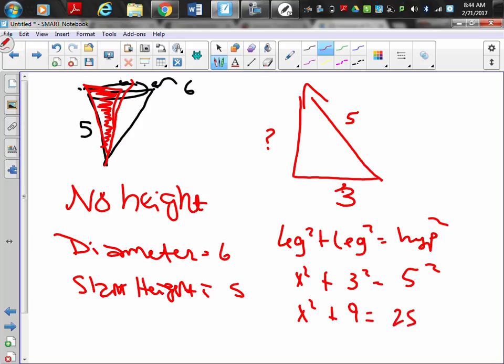Now what am I going to do? Miss Sanders, what am I going to do? You can minus 9 from the sides. Very good. I subtract 9 from both sides. So minus 9. We have x squared equals 16. Mr. Mitchell, what do I do now?